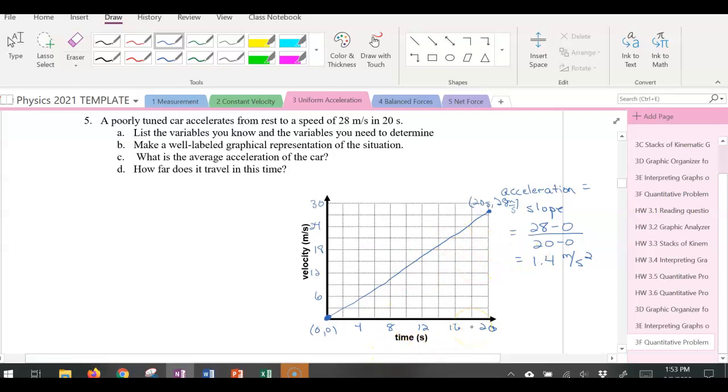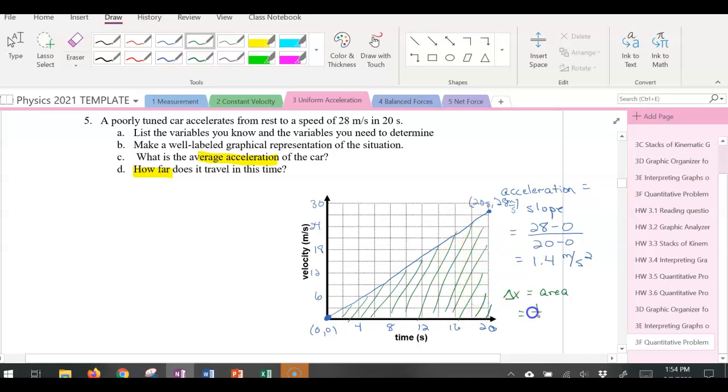And then it says, how far does it travel? So I'm looking for both average acceleration and how far. Well, if I'm going to use this graph to find out how far, I need to find the displacement. And the displacement is going to be the area here between this graph and the x-axis. So I'll just shade that area.